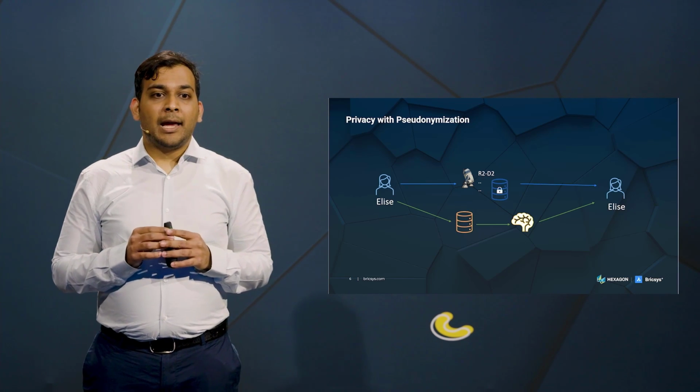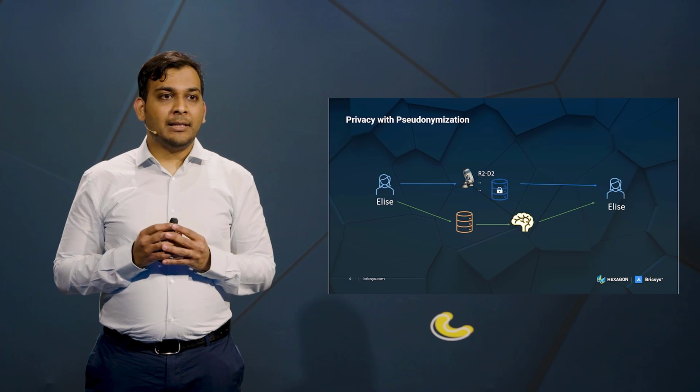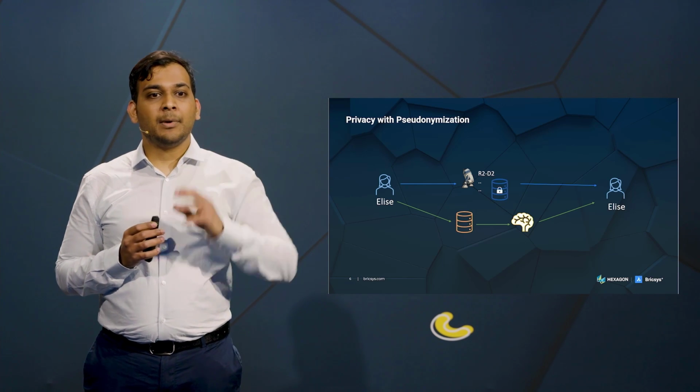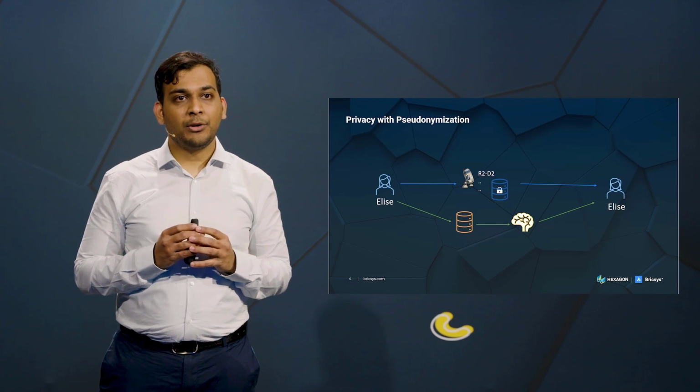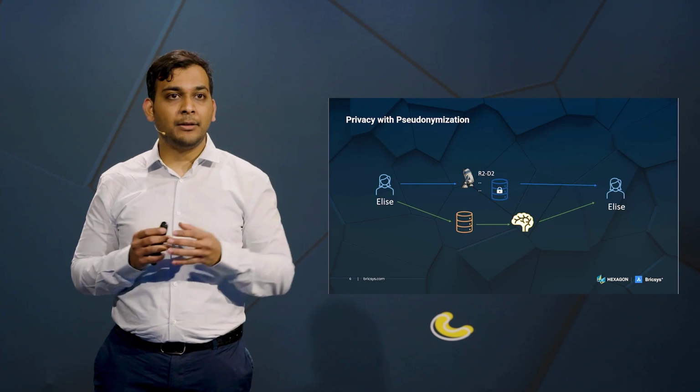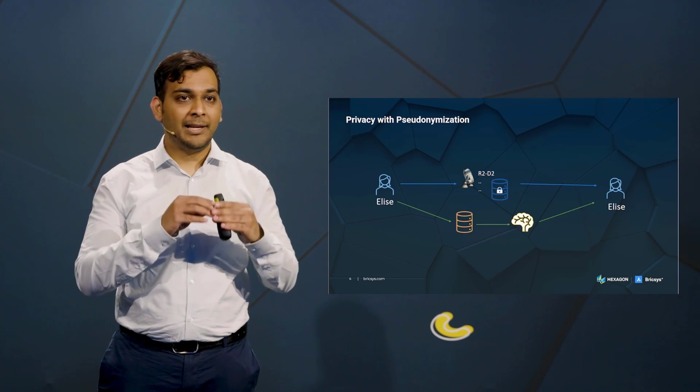And we still maintain the link between you and a random identifier in a secured location, because in the future, if you decide to leave the program, we will be able to delete your data if requested. And also, we will be able to send personalized machine learning models to your systems automatically if we have this link maintained.